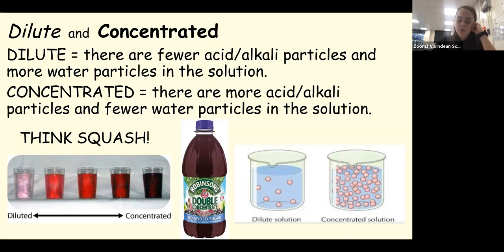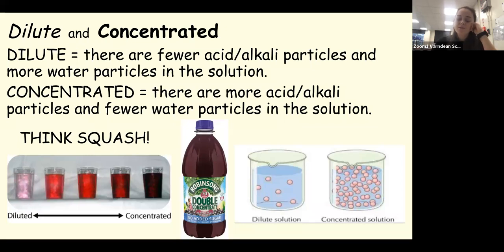You've got blackcurrant squash, and it'll say on the bottle that it's a concentrate. So it's got lots and lots and lots of particles there. Lots and lots of blackcurrant particles, if these are going to be our acid particles. When we mix this with our water, we're adding more water in there. We're going to have fewer blackcurrant particles than we're going to have water.